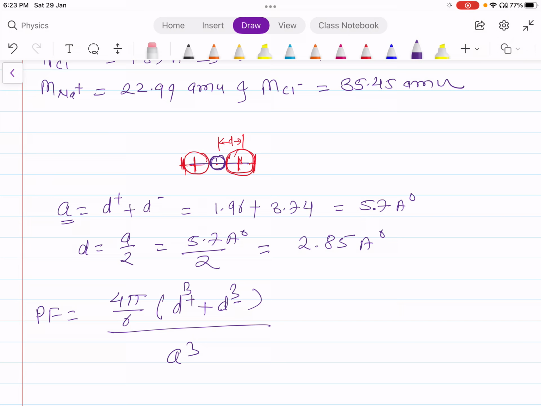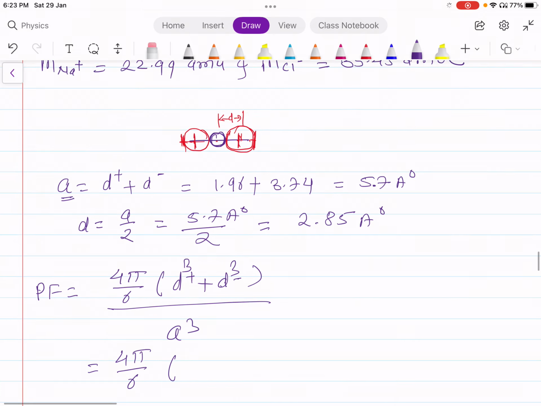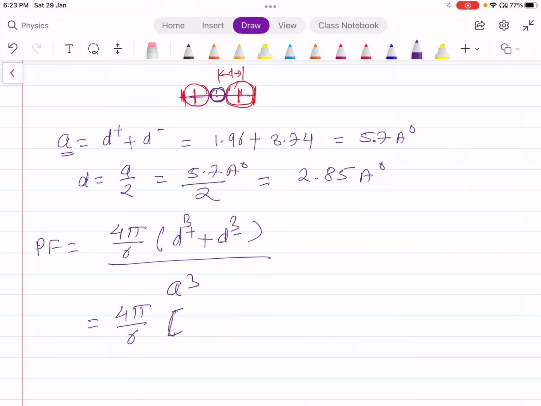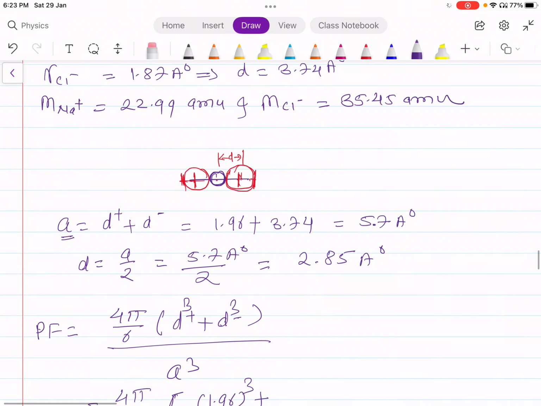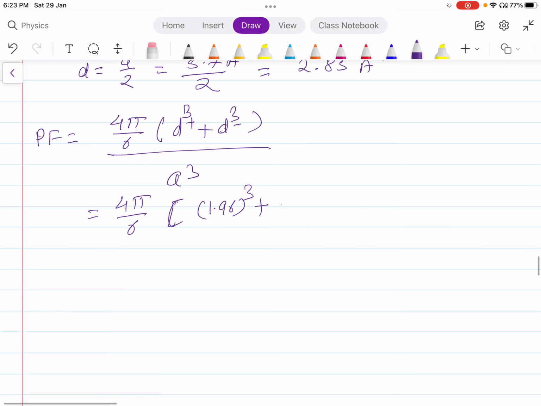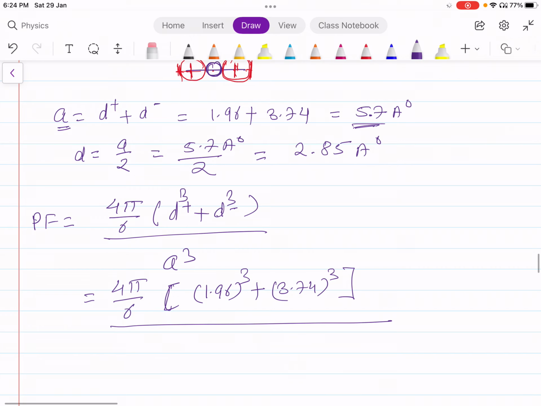I am writing only A cube because we know the value of A. Let us substitute the values. 4 pi by 6 diameter of positive ion, that is equals to 1.96 cube, plus diameter cube of negative ion, that is 3.74 cube, and divided by A cube, we know the value of A, 5.7 cube.